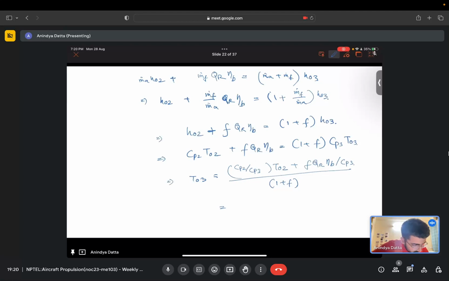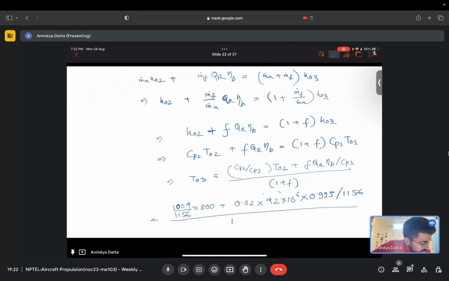Now if we put in the values: Cp2 is 1004, Cp3 is 1156, T02 is 800, plus F, which we computed as 0.02, QR is 42 into 10 to the power 6 joule per kg, eta b is 0.995, and Cp3 is 1156, divided by 1 plus 0.02.